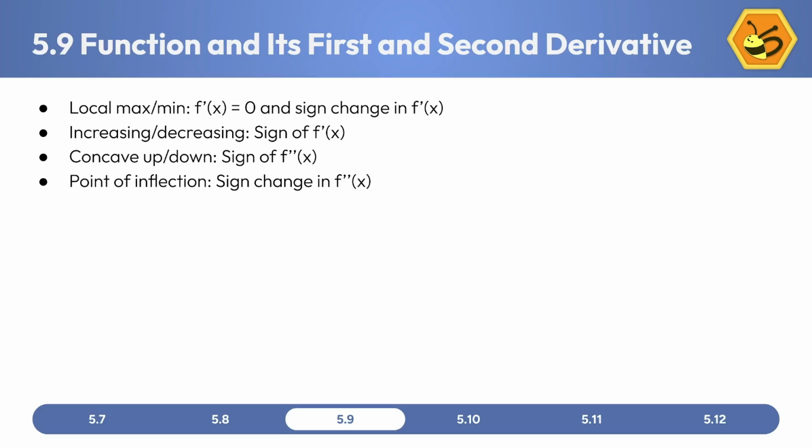If we have increasing and decreasing of the original function, that can help us with finding what the sign of the derivative is. And similarly with concavity, we can find the sign of our second derivative. And with points of inflection, that means we have a sign change in f prime of x, so we know it must change sign there.